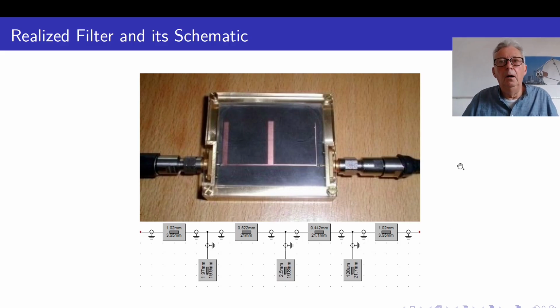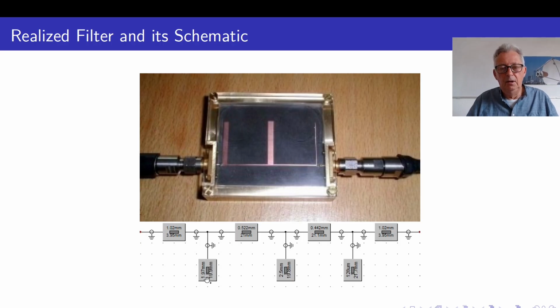Before I compare our simulation with the measurement result, I have sketched here in the bottom of the slide our schematic for the simulation, and at the top we have here the realized filter. At the input and the output we have two 50 ohm transmission lines to solder the SMA connectors to our filter. One sees clearly the different widths of the stubs.